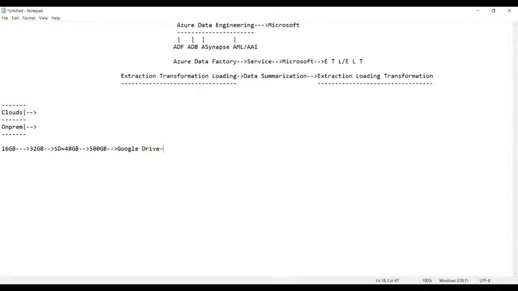The default memory provided by Google is 15 GB, and whenever you want 500 GB of data stored on your Google Drive, we have to buy storage. So I pay something and buy it, and now I can store up to 500 GB.